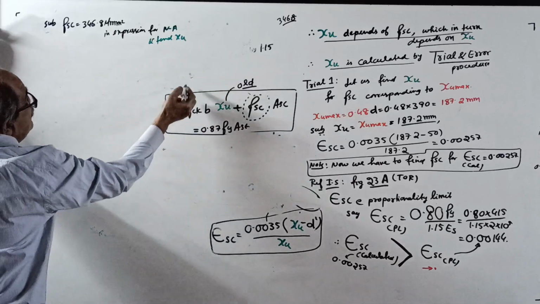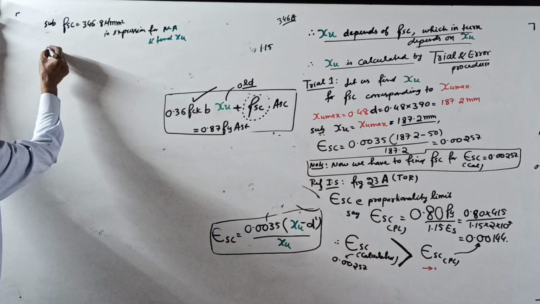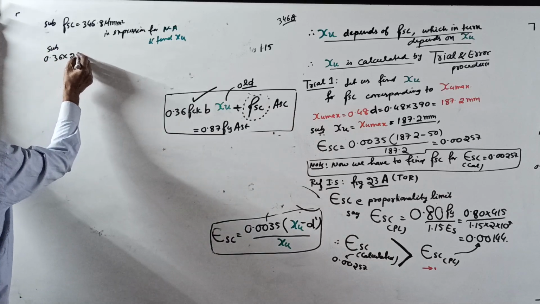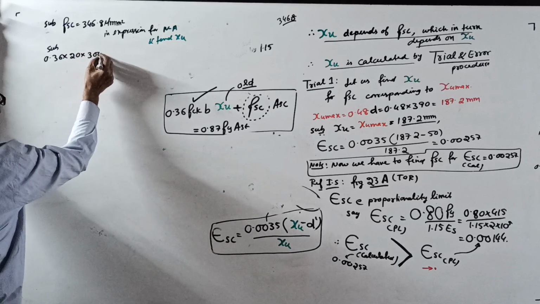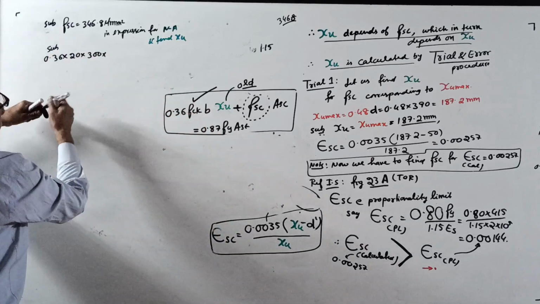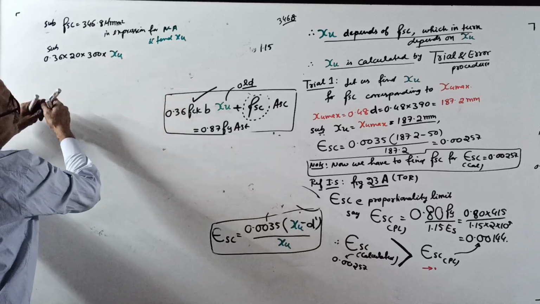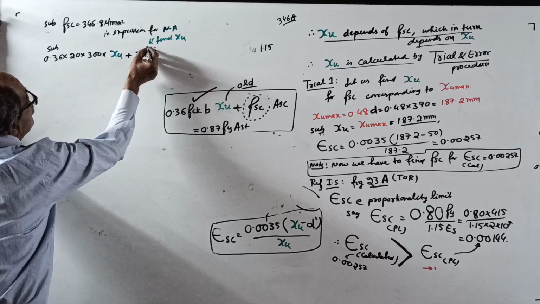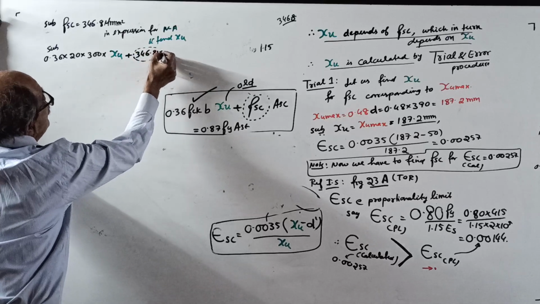That is this equation. Substituting 0.36 into FCK 20 into B is 300, into XU, plus FSC 346.8, subject to verification, into ASC.